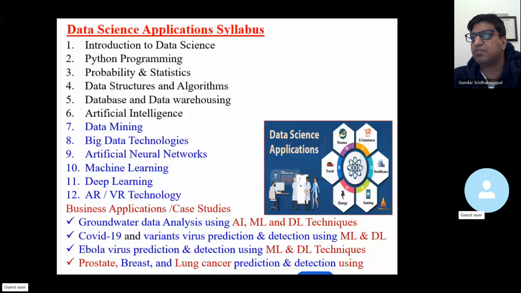It starts with the introduction to data science, Python programming, probability and statistics, data structures and algorithms, database and data warehousing concepts, and artificial intelligence concepts, tools and techniques, and data mining concepts like classification, clustering, association rule mining, outlier detection. With the help of various techniques, I'm going to demonstrate.